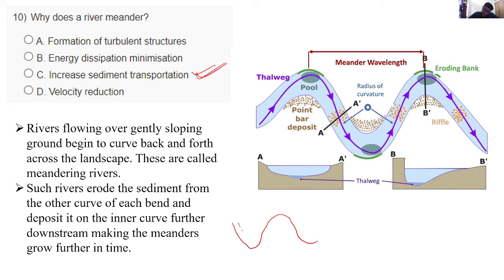Just one more thing to be noted here is that the meandering of the rivers may increase over time. Will they increase forever? No, that doesn't happen. Why? Because after some time, as the meandering has increased a lot, a part of it will be cut off, like this.